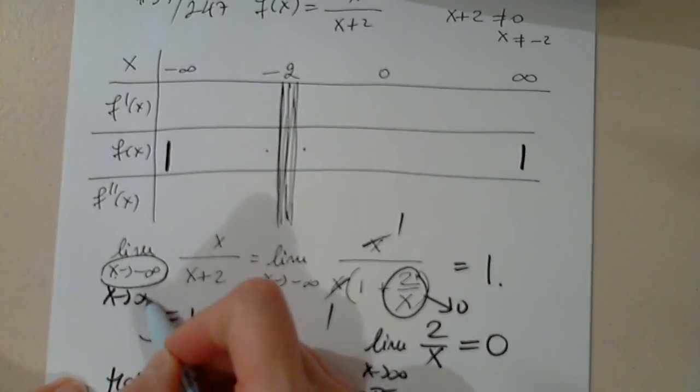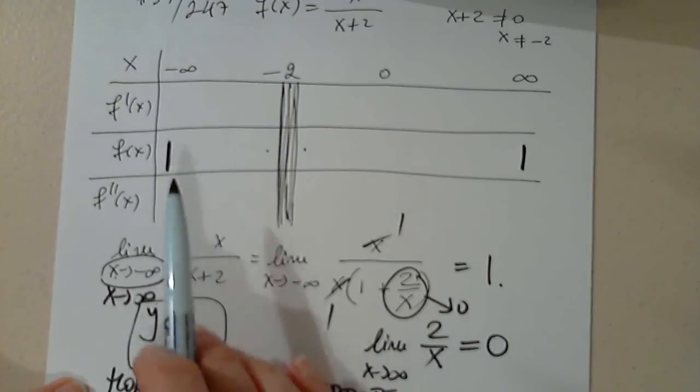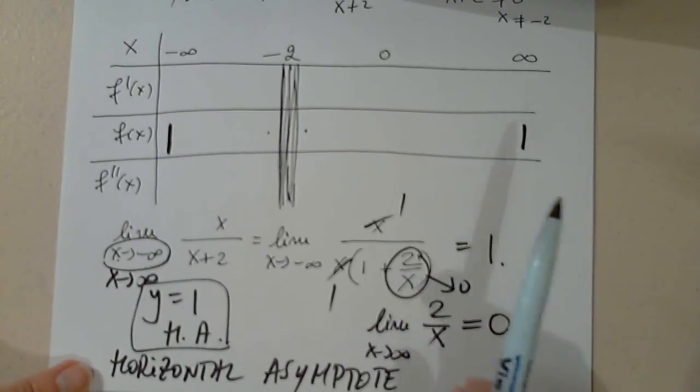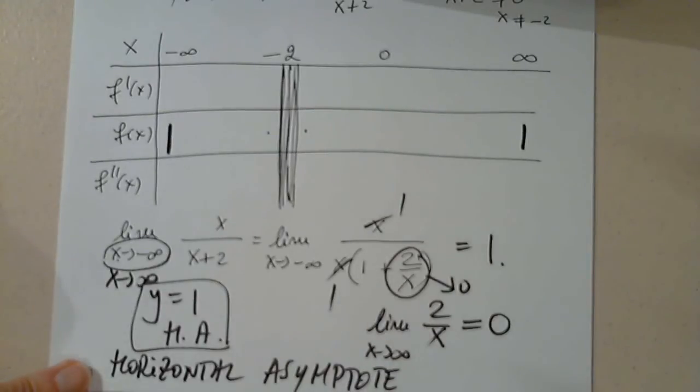So when x approaches infinity, I didn't change anything. The sign was not involved anywhere. It will come up with the same answer. So y equals 1 is a horizontal asymptote at both ends. This does not always happen, but for rational functions like the ones we are looking at right now, yes.